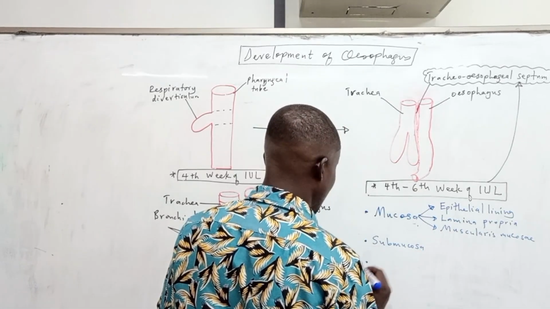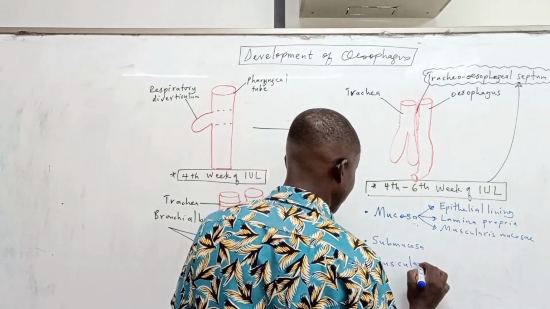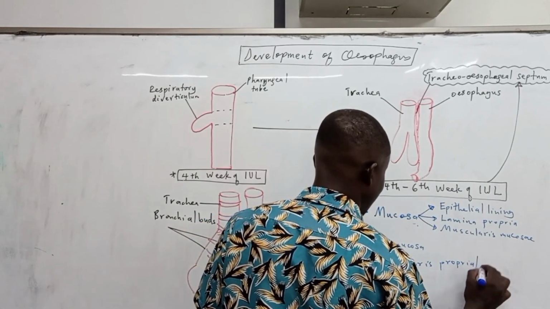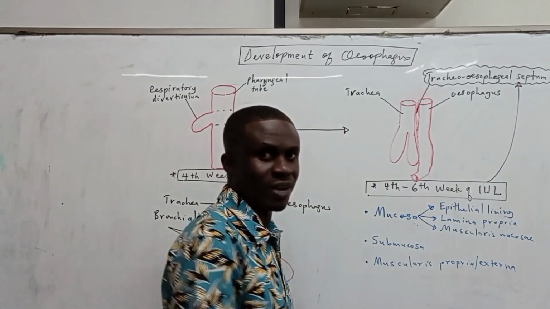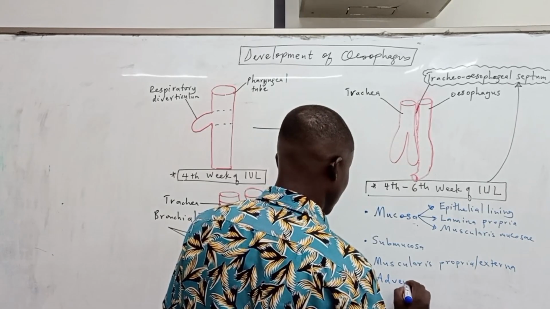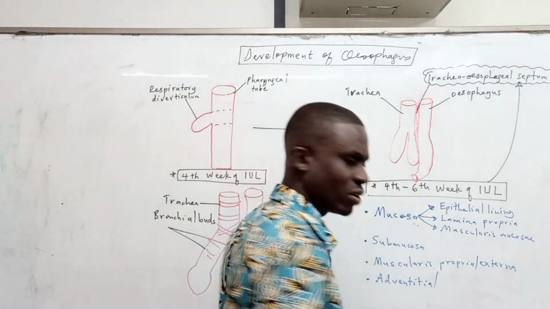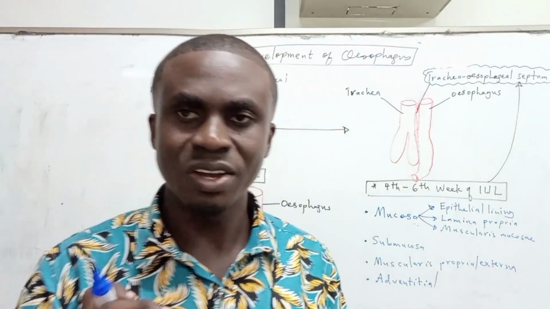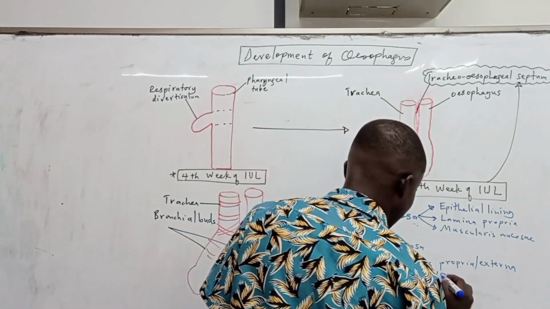And then we have the muscularis propria, or you can say muscularis externa. And then finally, we'll be talking about the adventitia, mainly for the oesophagus. But the caudal portion, the intra-abdominal portion, just about 1.25 centimeters long, will be covered by mesothelium, so it will become serosa.